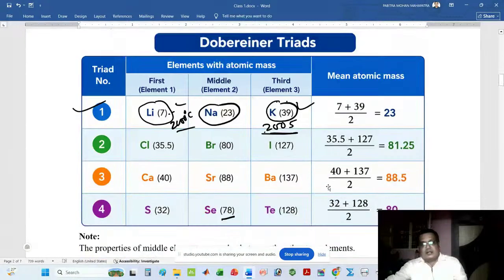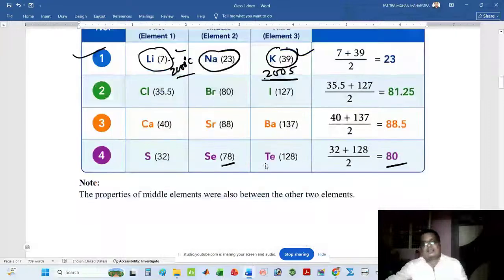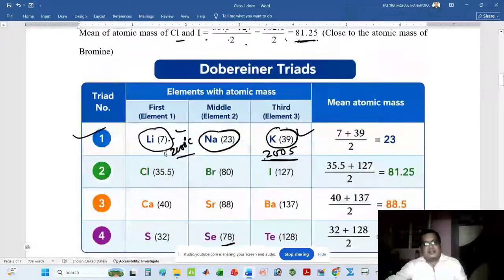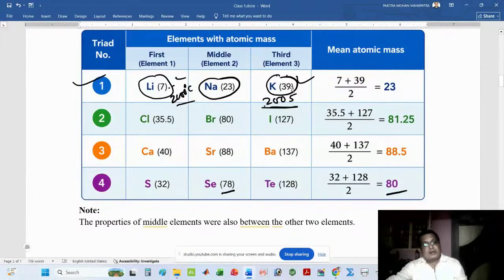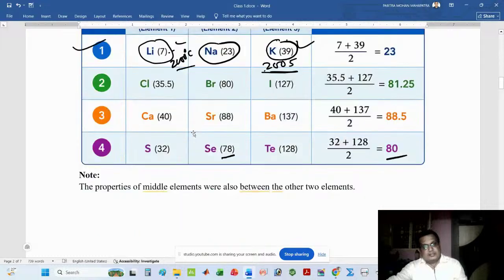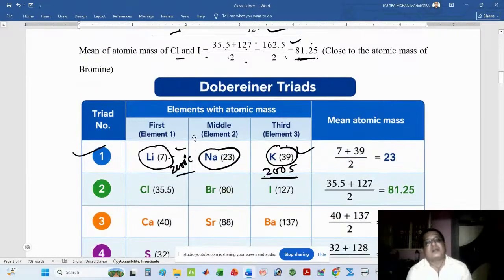Triads help to categorize the elements. Look at that. Here, lithium, sodium, potassium are present in one group, and chlorine, bromine, iodine are present in another group, another triad. This is said to be classification of elements. Similar properties are placed in one triad, and dissimilar properties are present in another place, in the second triad.